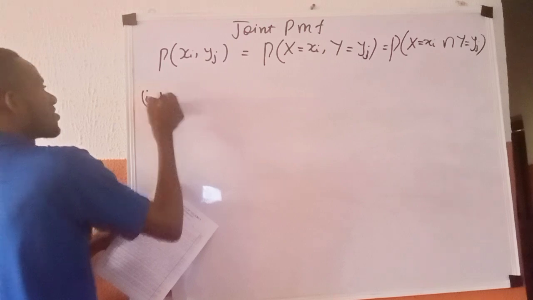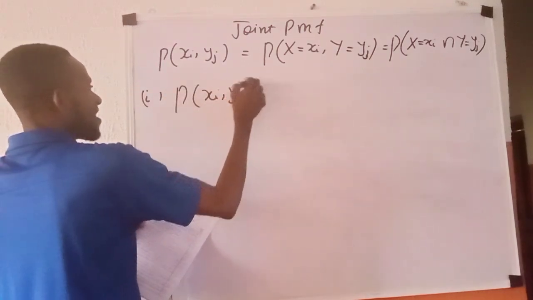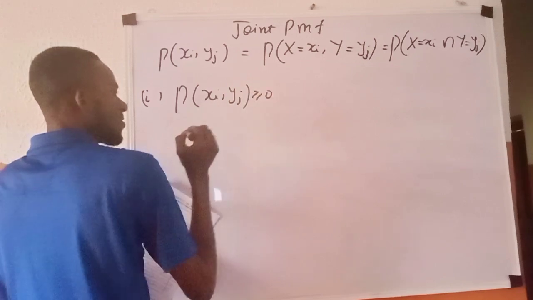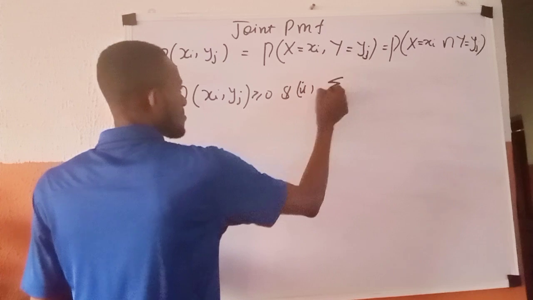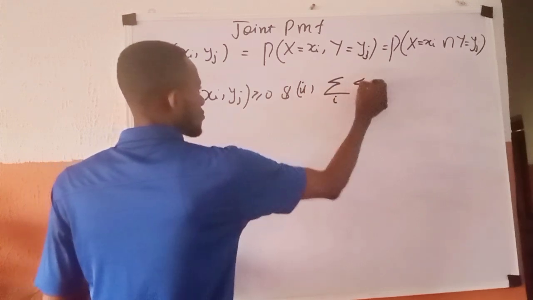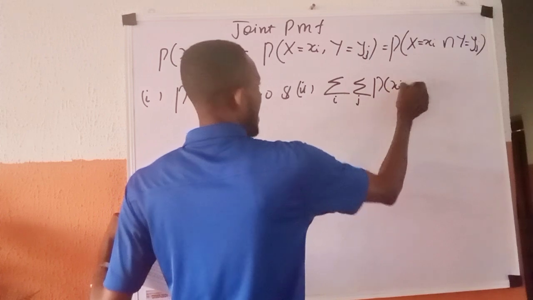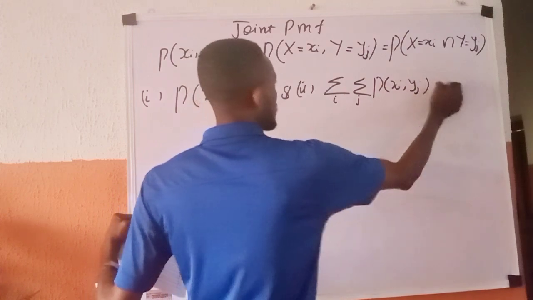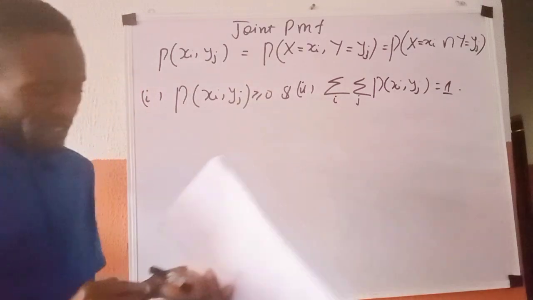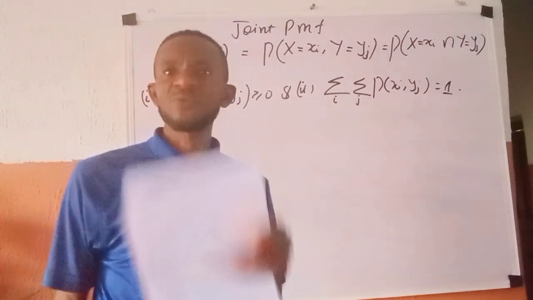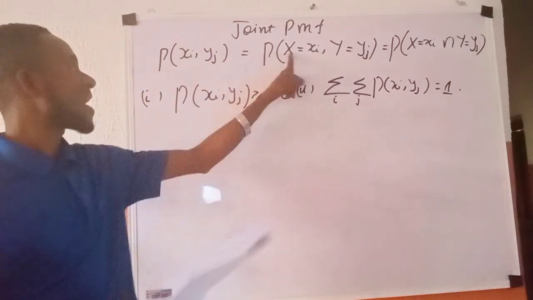Number one, the probability p(xi, yj) is greater than or equal to 0, and two, the sum over i, sum over j of p(xi, yj) equals 1.